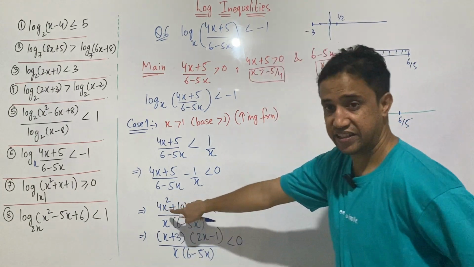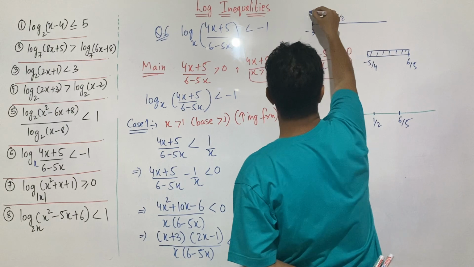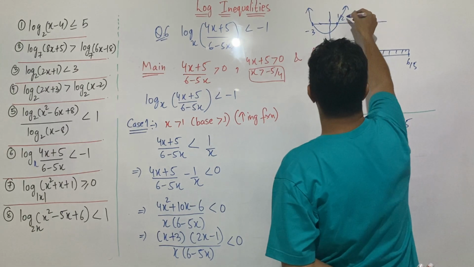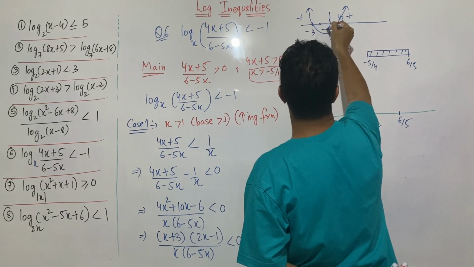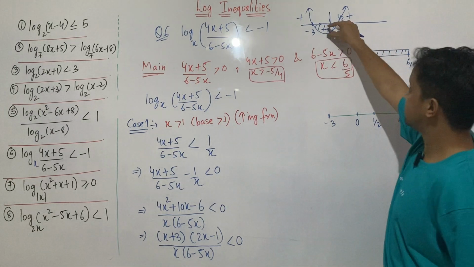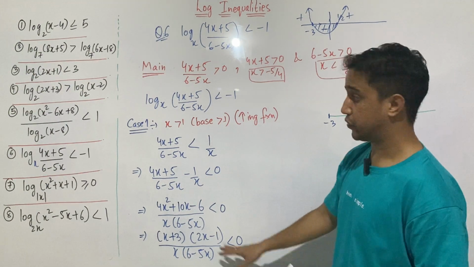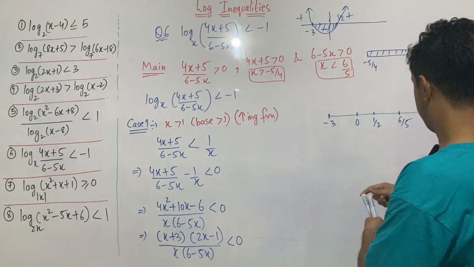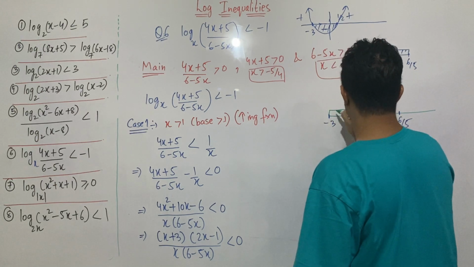Because the sign of the leading coefficient of x squared is positive, this is going to be an upward parabola, meaning the value is positive here, negative from here to here, and positive again. Y is negative in this region, and I need less than 0. So it means -3 to 1/2. They are talking about this, -3 to 1/2.